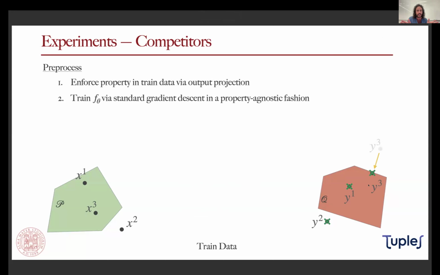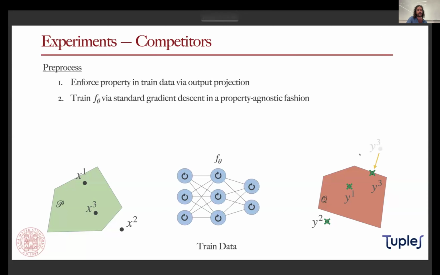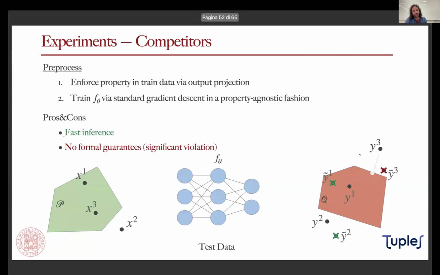So again, here we have to assume inconsistency between the property and the data, okay? And after we know that, so after we have enforced the property in the data, we train our neural network by using any learning mechanism, okay? And in this way, we produce a model which has the advantage of being fast.